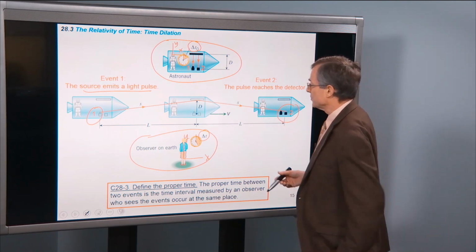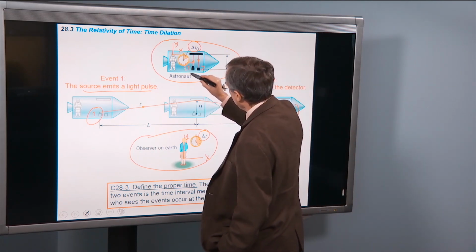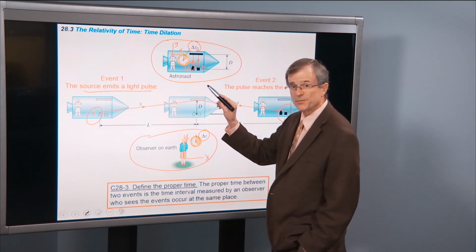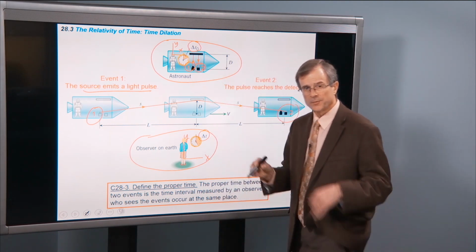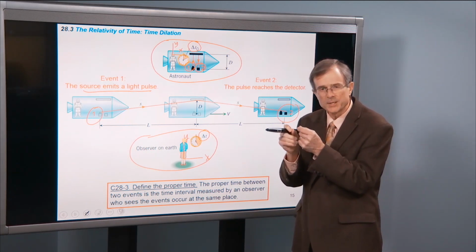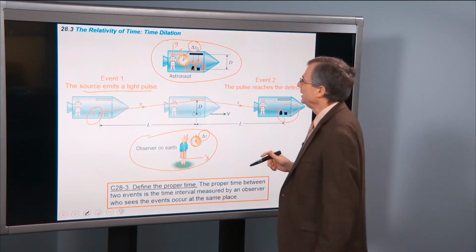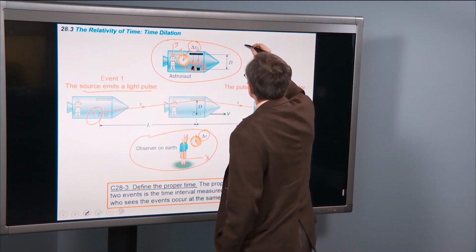Well, what about the astronaut? He's got his coordinate system. Event 1 is right there at his feet, right where that clock is. And event 2 is also right there at his feet. Those two coincide. We told you that the detector and the light source are really close to each other. And so the two events occur at the same place.